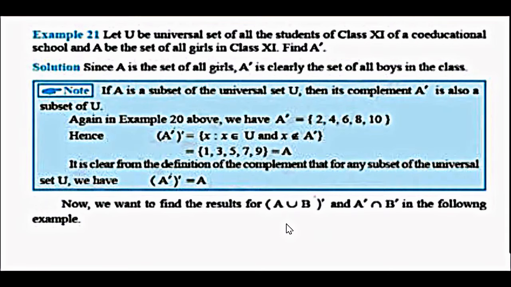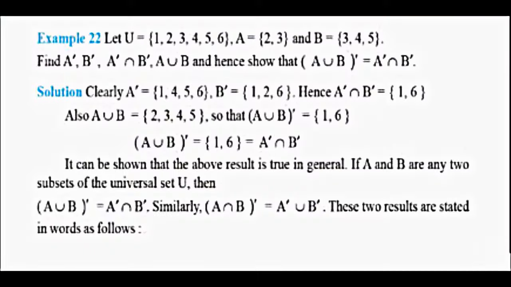Now we want to find the result of A union B complement and A complement intersection B complement. Let us see. This is U. A is 2, 3, B is 3, 4, 5. Take the complement of A. A complement is nothing but all the elements of U which are not from A. So just subtract 2, 3 from here, and you will get A dash as 1, 4, 5, 6.